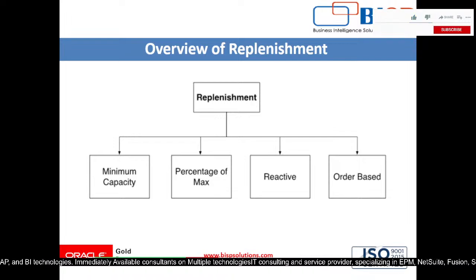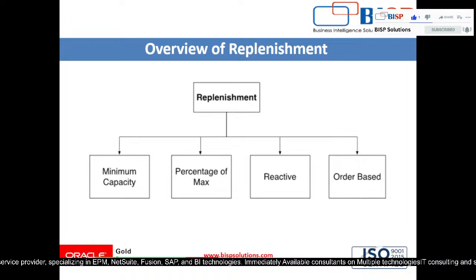Suppose the maximum capacity: when a location's current quantity goes below the required minimum, the minimum capacity replenishment gets triggered.